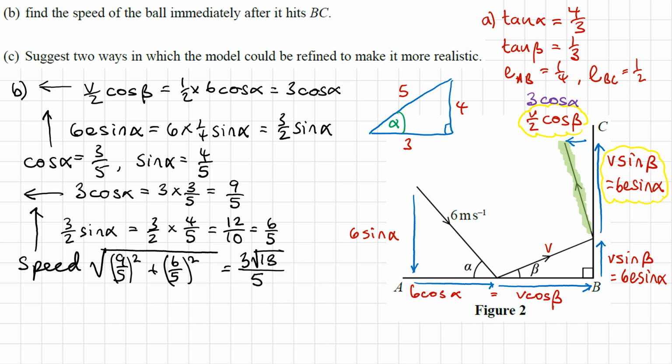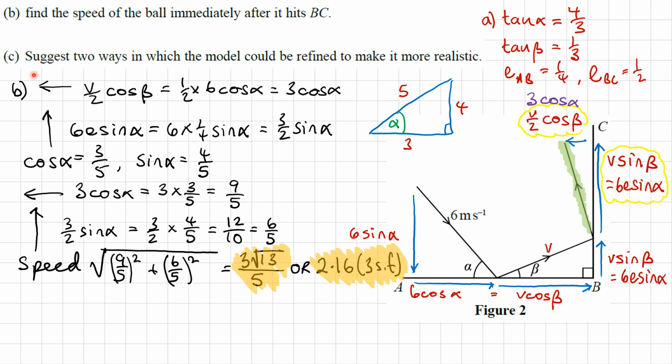So you could give that exact value if you want to, or, and this is in meters per second, if I press my SD button, I've got 2.1633, and so on. And if I gave that to 3 significant figures, that would be 2.16. So either one of those, and that is meters per second. I'd go for the exact one.